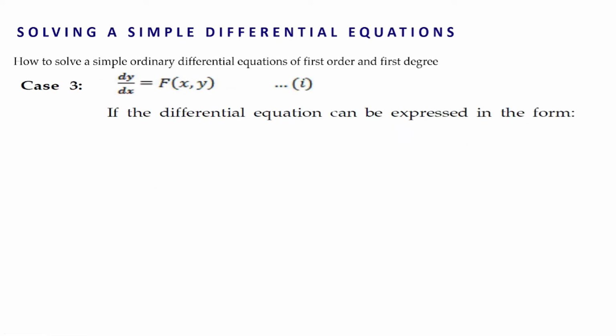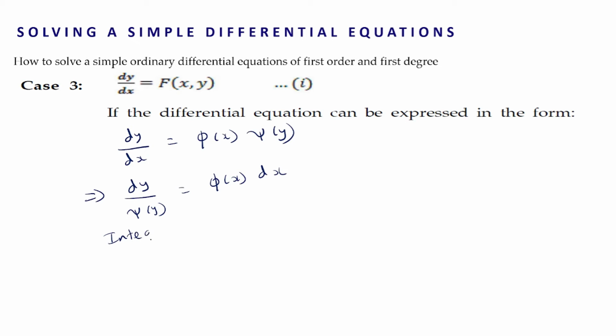Now moving on to the next case, if the given differential equation is dy by dx equal to a function of x and y, and it can be expressed in the form dy by dx equal to phi of x into psi of y. If you are able to express this given function f of x, y as a function of x into a function of y, then we can solve this differential equation easily. We can write this as dy by psi of y equal to phi of x dx.